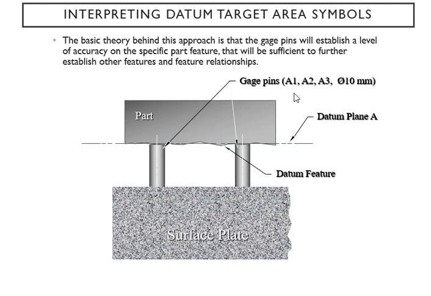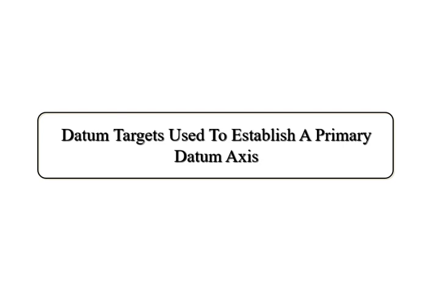So you have a 1, 2, 3, and that's about like a 10 millimeter in size. So these gauge pins are going to establish this datum plane A. And that's pretty sufficient to establish other features and also feature relationships.